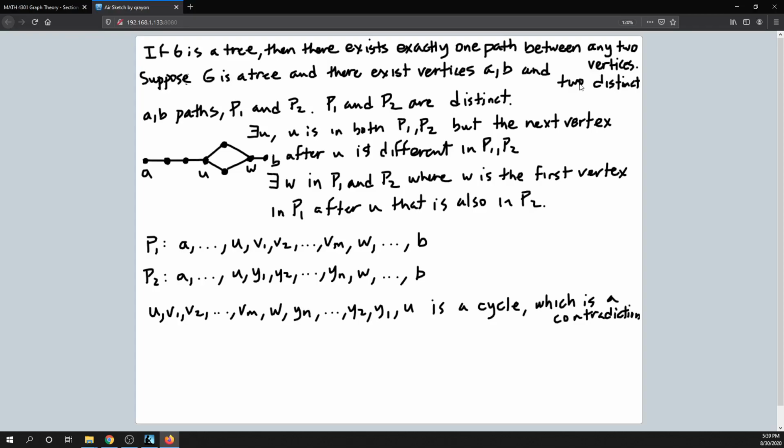All right, so the next direction that we have to prove is that if there is exactly one path between any two vertices, then G is a tree.